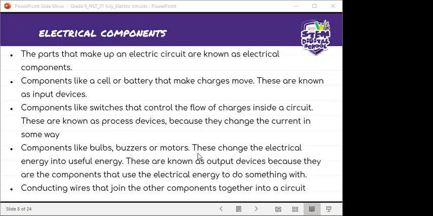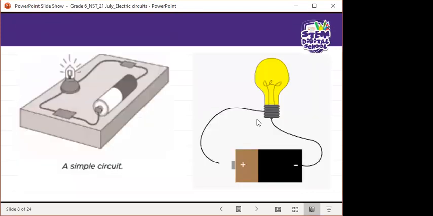Okay. All right. As I move on, because I don't see anyone saying that they need me to stay on the slide. So here we have an example of a simple circuit. This might be something that you guys would also have to build. We have a light bulb here, and we also have the source of energy, which is a cell.